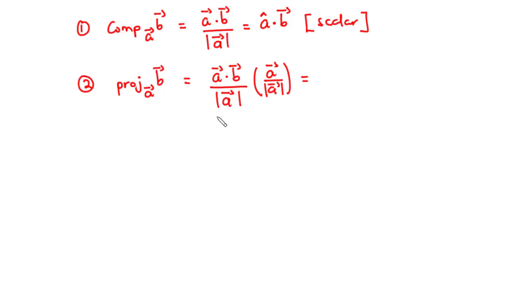We can also simplify this as the dot product of vector A and vector B divided by the magnitude of A times the magnitude of A, that is the magnitude of vector A squared, all times the vector A. The result after finding the vector projection of a vector onto another is a vector. So having this in mind, let's solve one example.